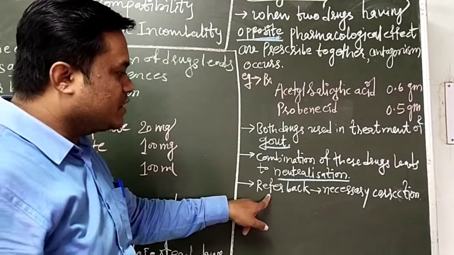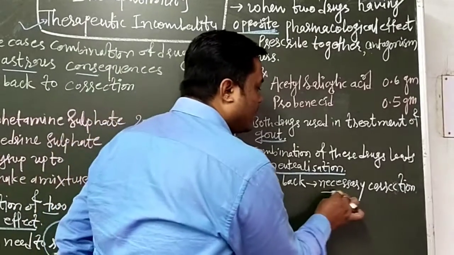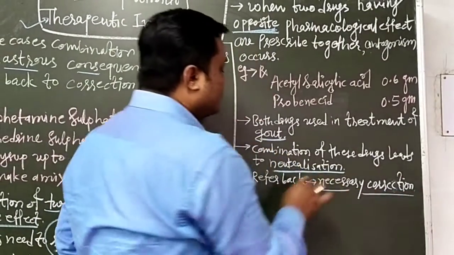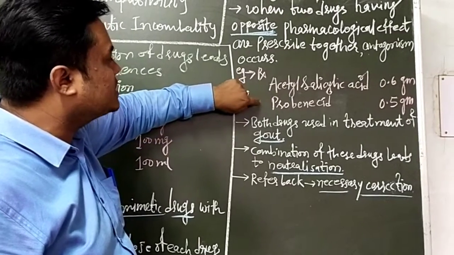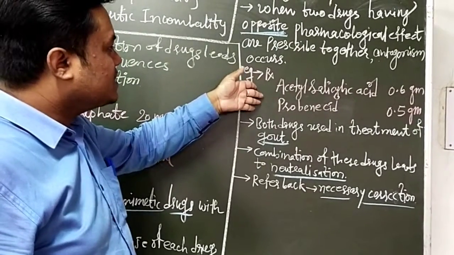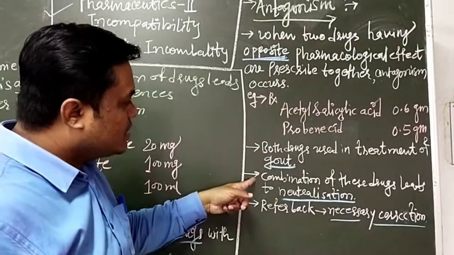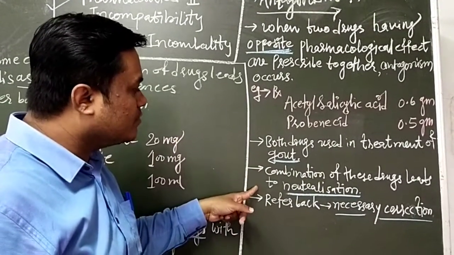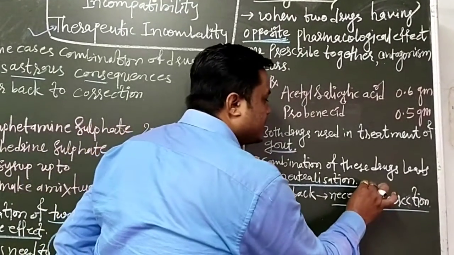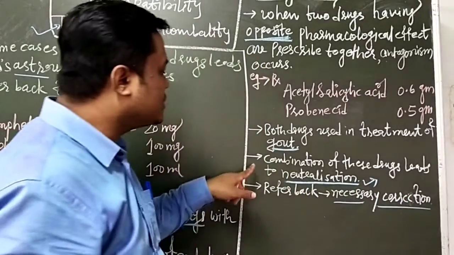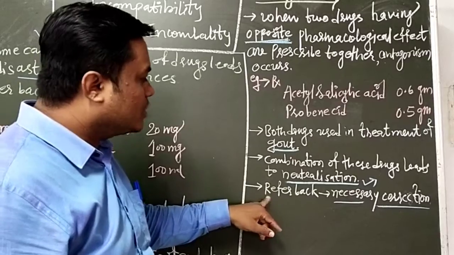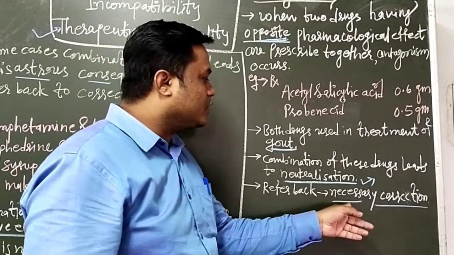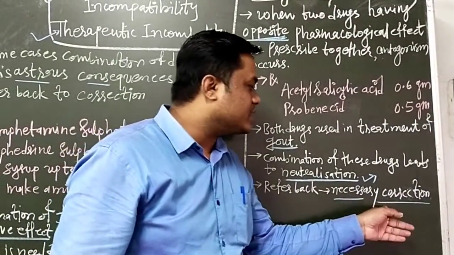Therefore, this prescription is referred back for necessary correction, because the combination of acetylsalicylic acid and probenecid has opposite actions, so this is an antagonistic combination. When these drugs are given in combination, it leads to neutralization, meaning there is no pharmacological action. Therefore, this prescription is referred back to the prescriber for necessary correction.